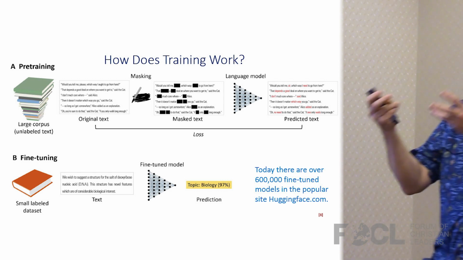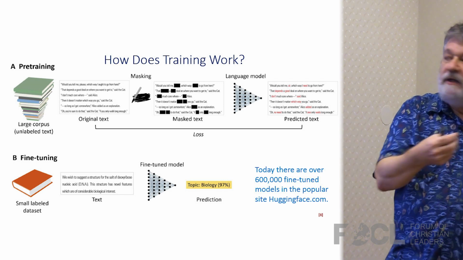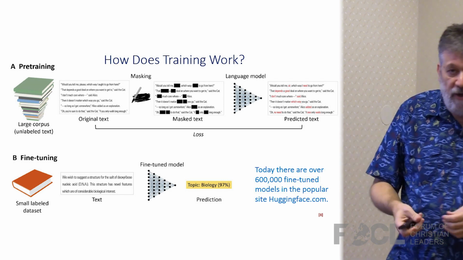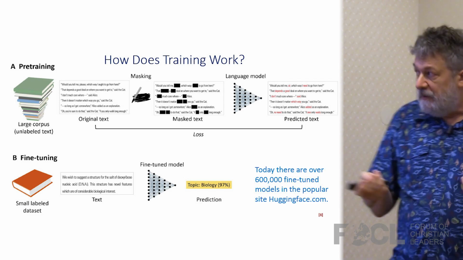And then once they're trained, you can take a pre-trained model and do further training to make it an expert in something like biology or the Bible or geography or medicine for that matter. And that's kind of where lots of action is right now in the science community, that there are these very, very powerful models that you can download to your laptop and mess around with. I'll show you some examples later.